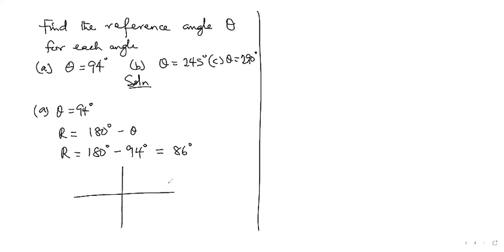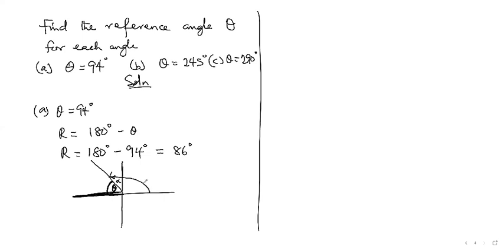Now, if you want to sketch this, 94 is over here. So from here to here is 94. So what's the angle it makes with the x-axis? Don't forget, we said the positive x-axis. So I'm not looking for the angle here. I'm looking for the angle it makes with the positive x-axis.